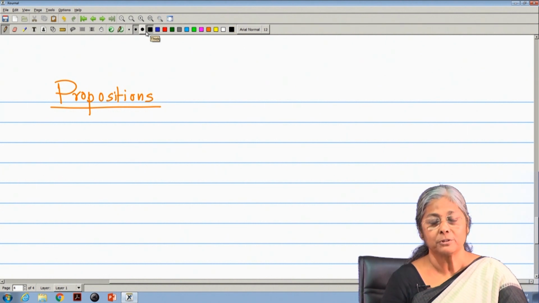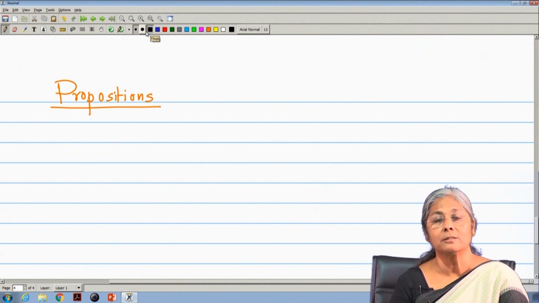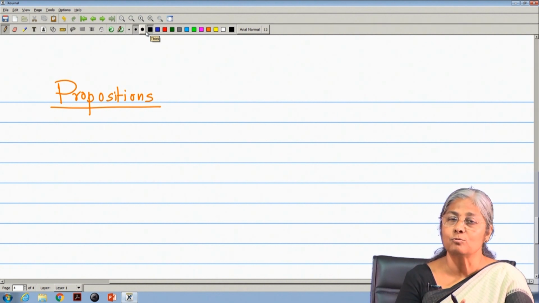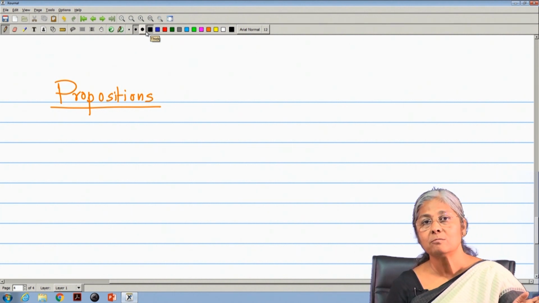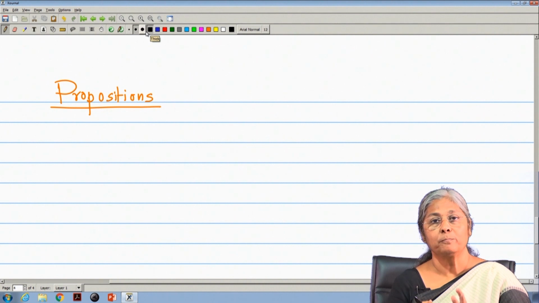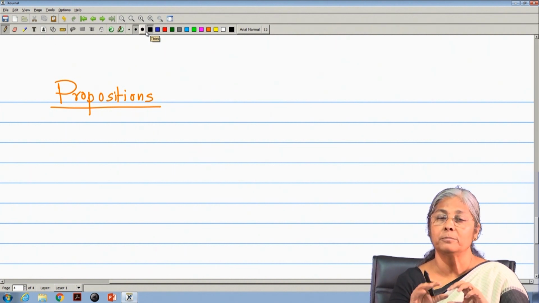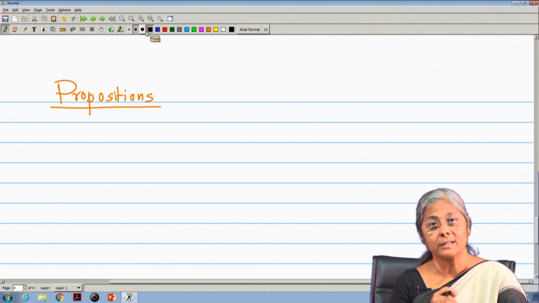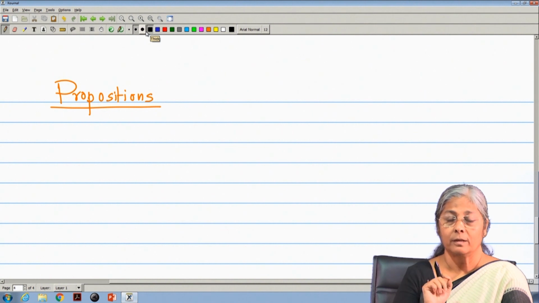What do we mean by propositions? Simply, this is a sentence or statement that is either true or false. Just now we read that logic will see the relationship between the statements, but not the correctness of a particular statement.